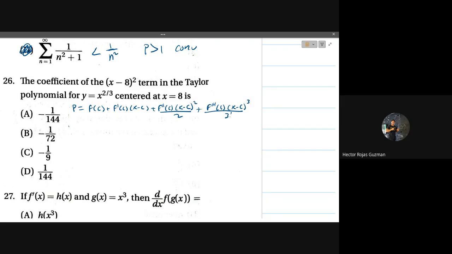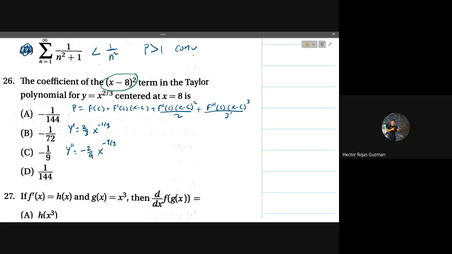Yeah, my first derivative would be 2/3 x to the power of negative 1/3. My second derivative would be negative 2/9 x to the power of negative 4/3. And, well, I'm just looking for the coefficient of x minus 8 squared.